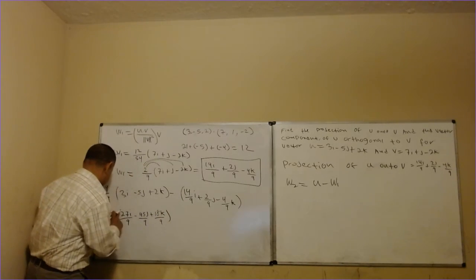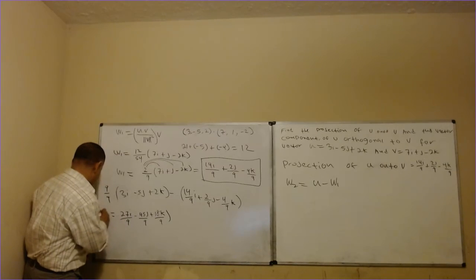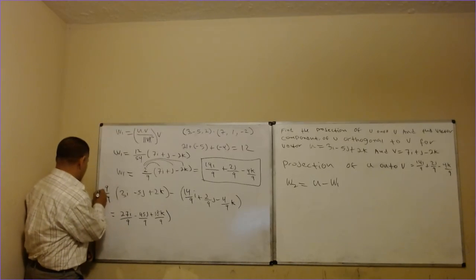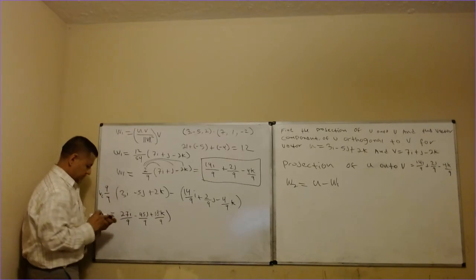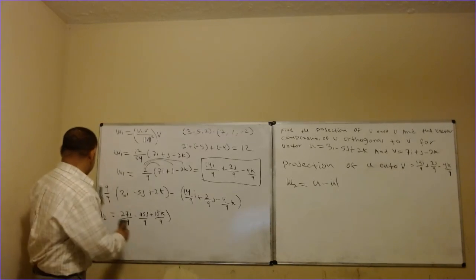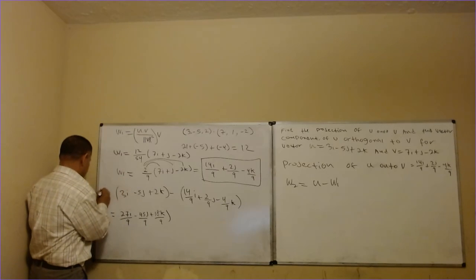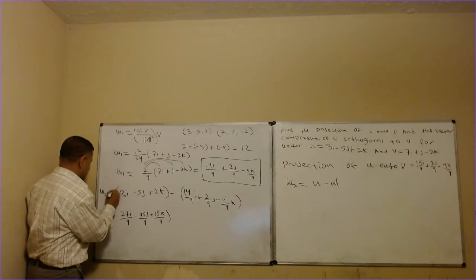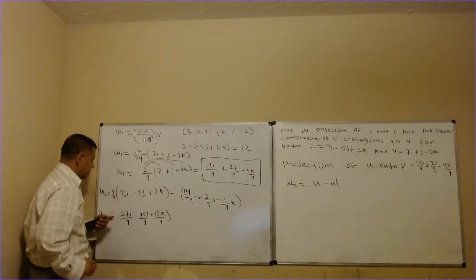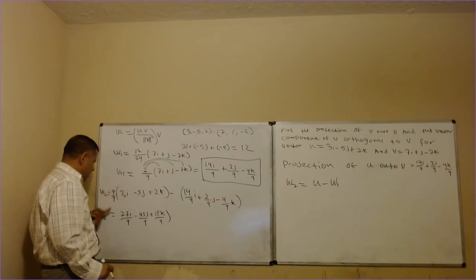Let's see. So this is W2. Let me just make it clear so you can actually see that. So W2, right? Now I'm multiplying top and bottom by 9 to find the common denominator.